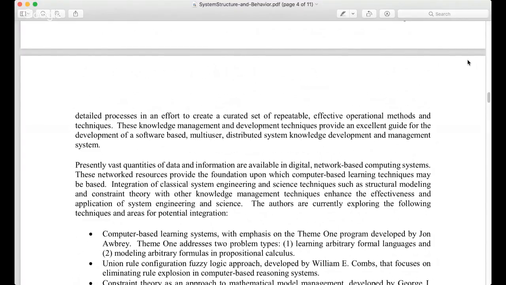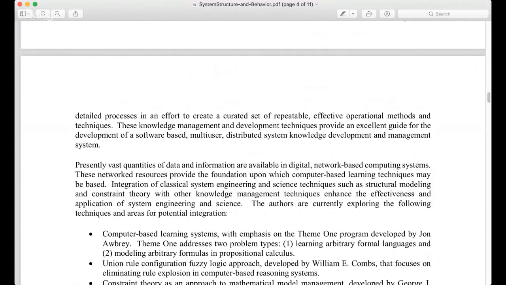And given the vast quantities of digital information that are available now, one of the things that's different now in most all industrial and corporate environments is there's a vast amount of digital information available.